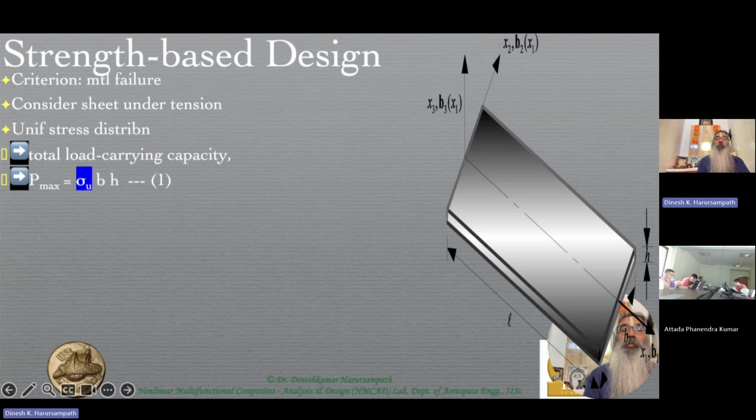Truly speaking, because it is on the 1 face in the 1 direction, this sigma has to be written as sigma subscript 1 1, to denote that it is acting on the face to which b1 is the normal, and parallel to b1, therefore the second subscript is also 1. But what we are talking about is purely from a material point of view. The scalar value at which this occurs is the material failure criterion for such kinds of materials, which is the ultimate tensile strength, sigma u, multiplied by the cross-sectional area. So is this first equation clear?